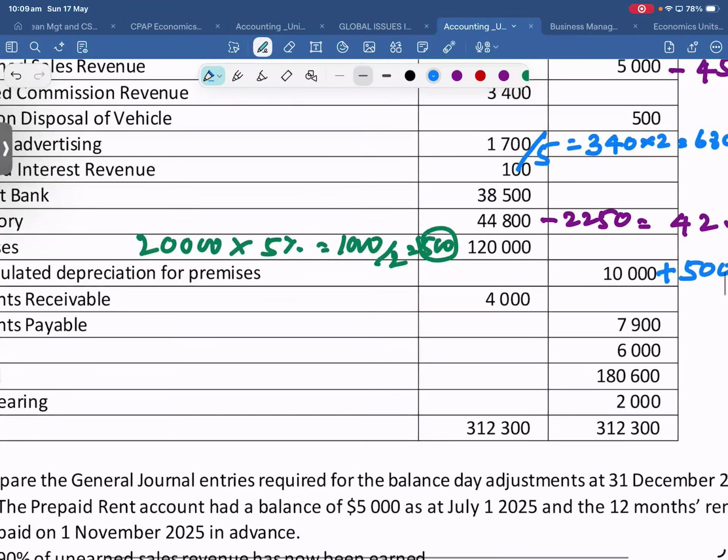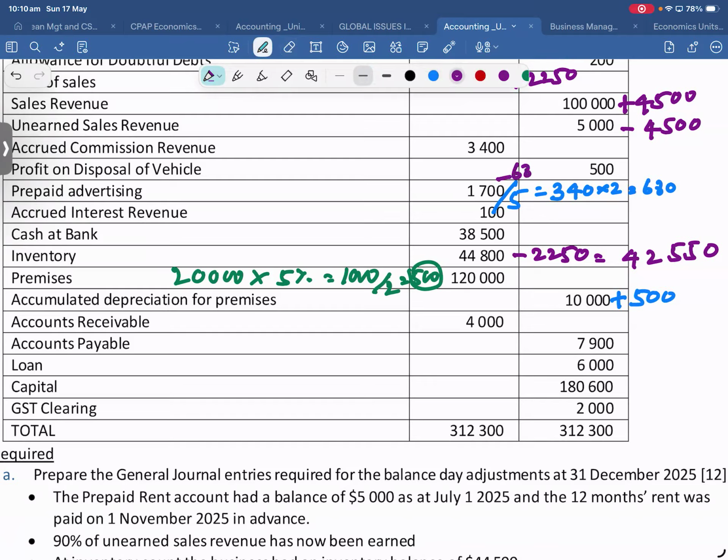So then we have to subtract 680 from this one. Minus 680. Right. Then, guys, what is the double entry? Double entry for 680.